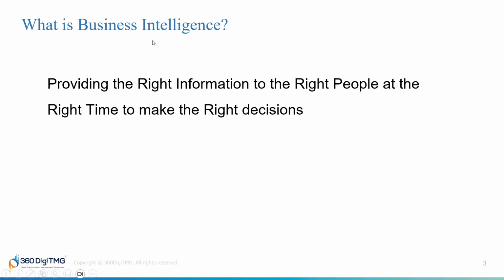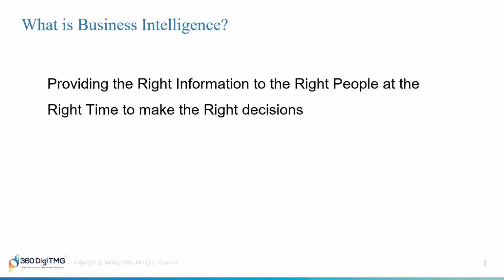So what is business intelligence? As I was explaining at the beginning of the session, it's applying your skills on the data to come out with something meaningful. Technically, if I have to give the simplest definition for business intelligence, it is all about providing the right information to the right people at the right time so that they can take the right decisions, for the monetary gain of the business, for the enhancement and overall development of the business.